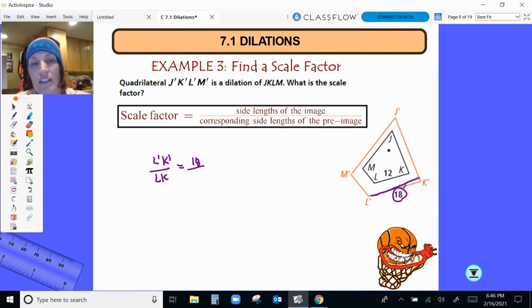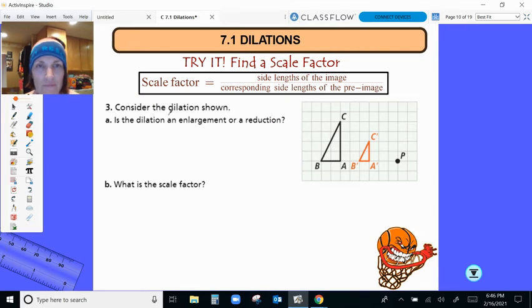So that's going to be 18 over my LK, which is 12. Of course, 6 will go into 18 3 times, and 6 will go into 12 2 times. So my scale factor is 3/2. So in other words, that image is 1.5 times bigger than my pre-image JKLM. Okay, so that is how you find a scale factor.